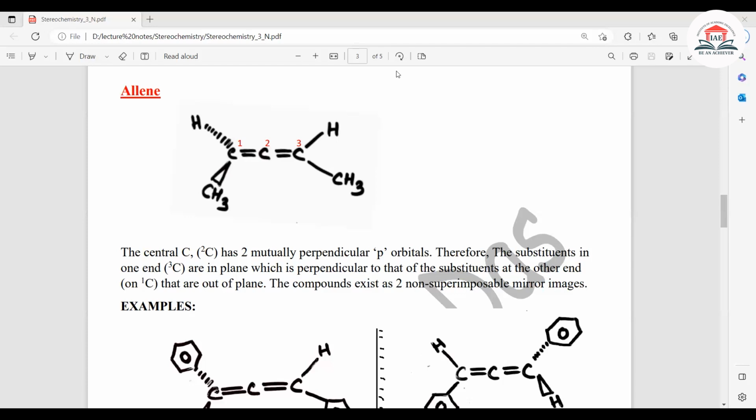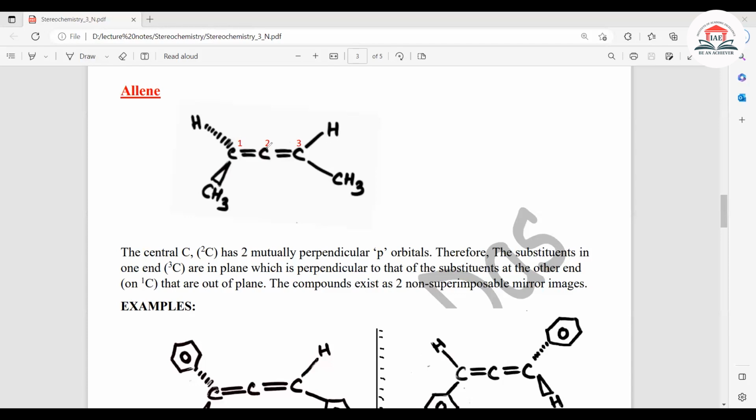Why does this happen? As you know, how do pi bonds form? Pi bonds form due to the interaction between p orbitals, right? On this central carbon, it has actually formed two pi bonds, and that means two p orbitals have overlapped with other orbitals.